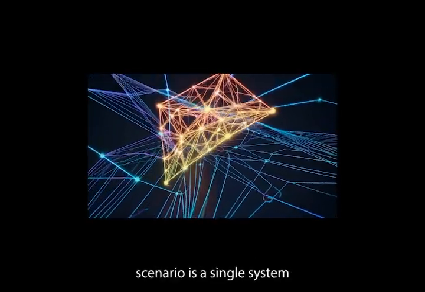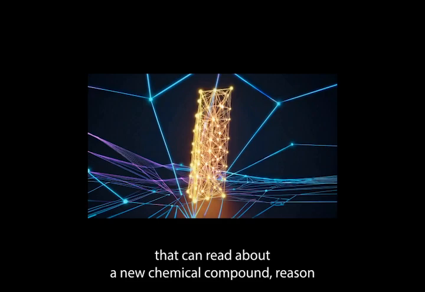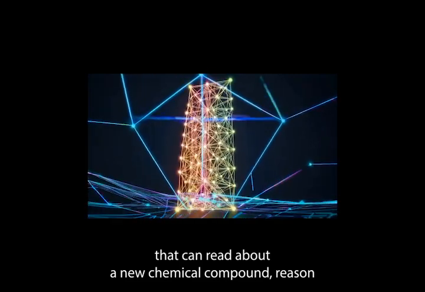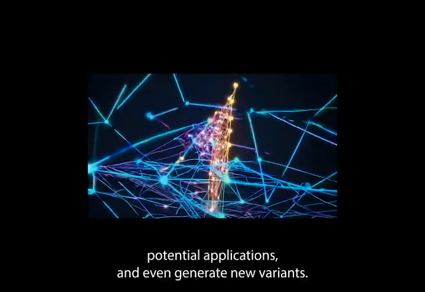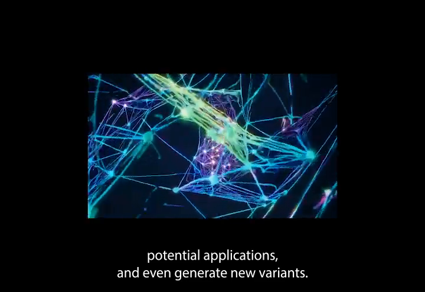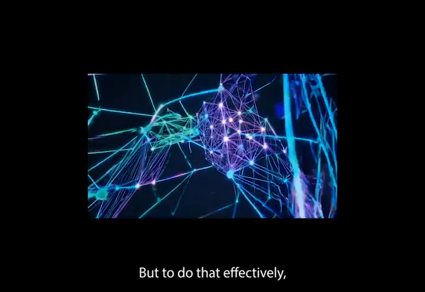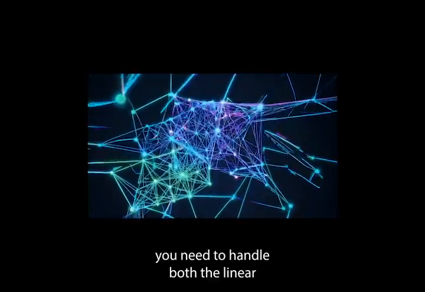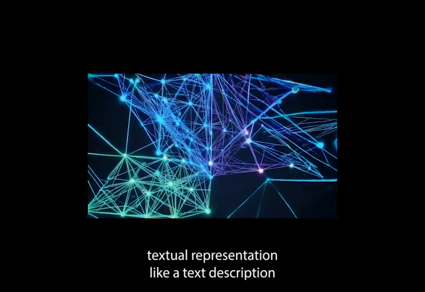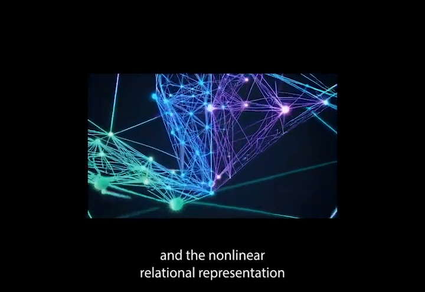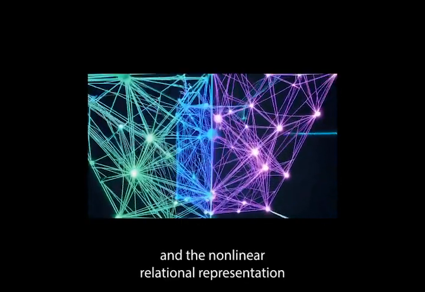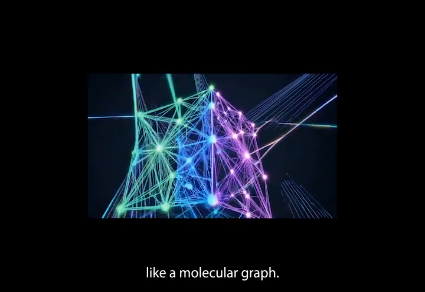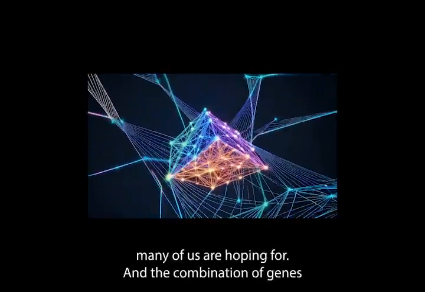The dream scenario is a single system that can read about a new chemical compound, reason about its molecular structure, figure out potential applications, and even generate new variants. But to do that effectively, you need to handle both the linear textual representation, like a text description, and the nonlinear relational representation, like a molecular graph. Yes, that's the future many of us are hoping for.